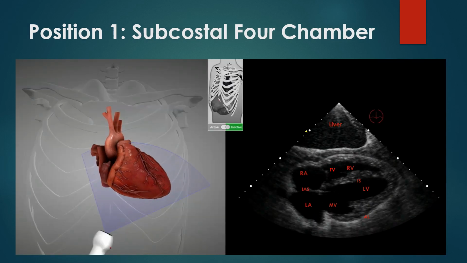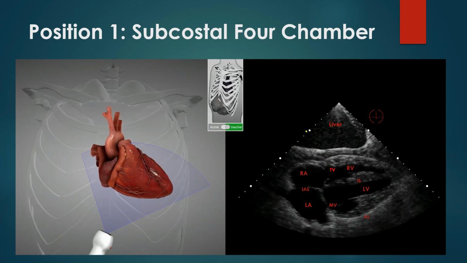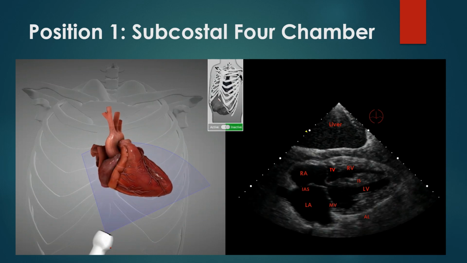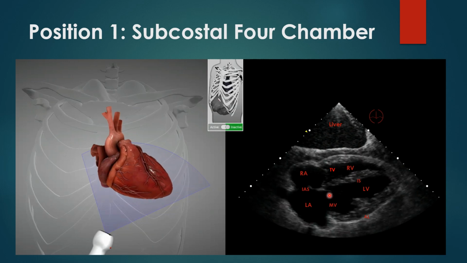So this is position 1, subcostal four-chamber, and on the left side of the screen you've got a 3D image. You can see what you're scanning, and on the right you see a 2D image, and you've got the liver here, which is a very nice acoustic window. Transducer's up here at the top. It's kind of an upside down image, but you're scanning from the subxiphoid towards the left shoulder.